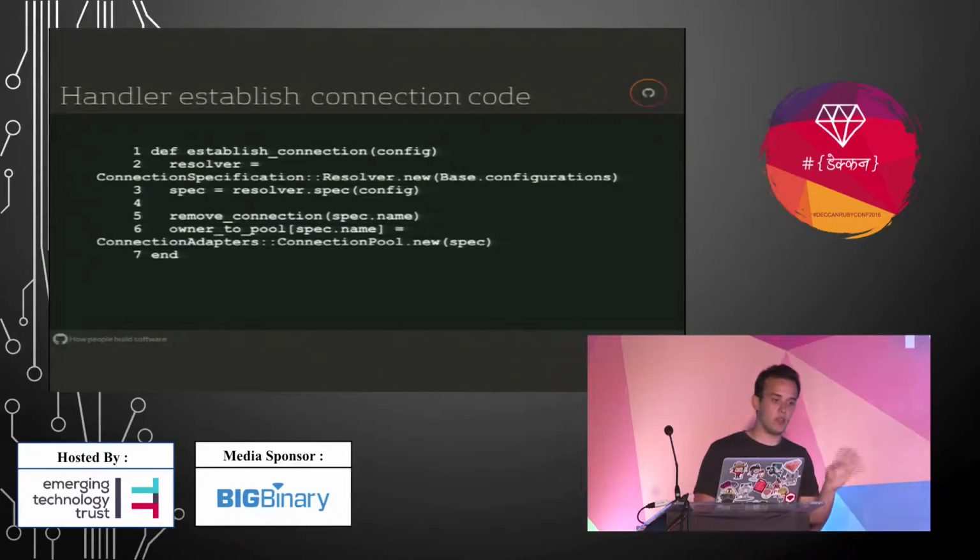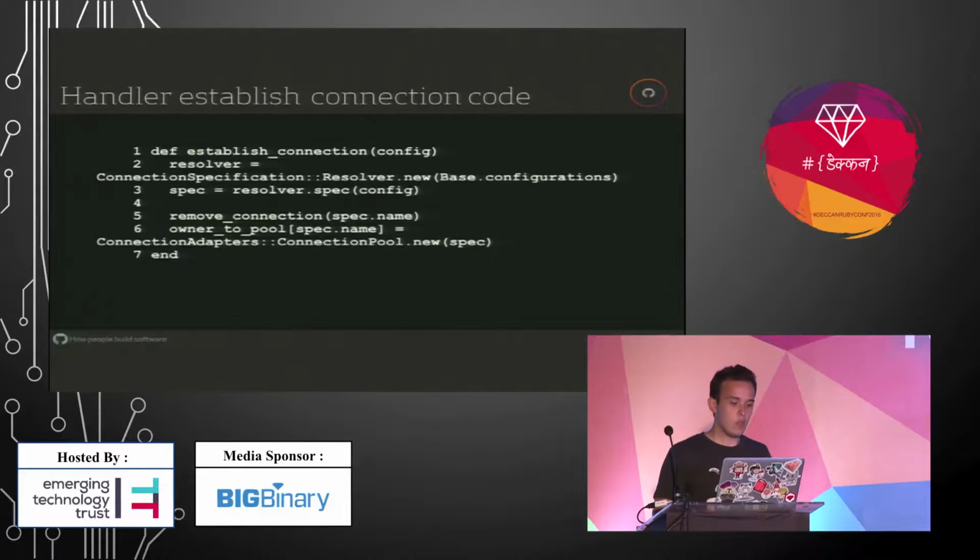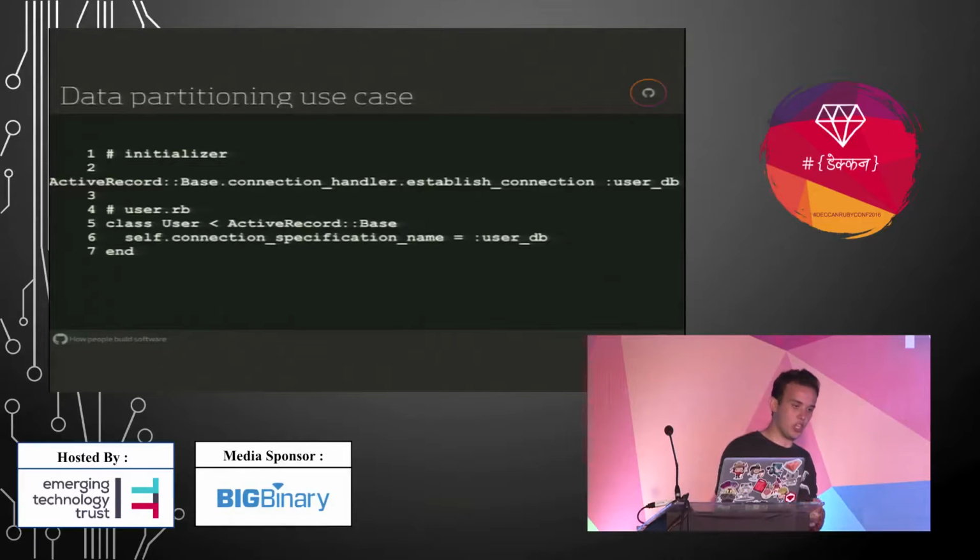In that example, the main key for the UserDB database was UserDB. So that's what is going to be the spec name. So now Rails, for that hash map, is going to use those top-level keys as the key to the connection pools.